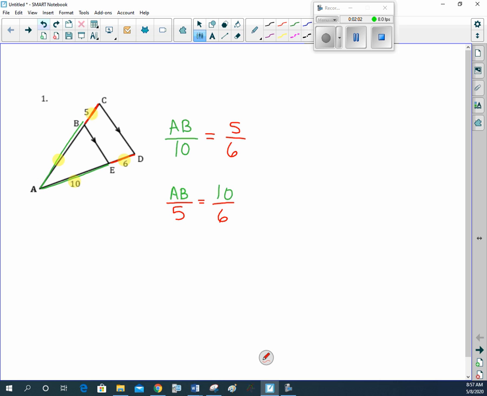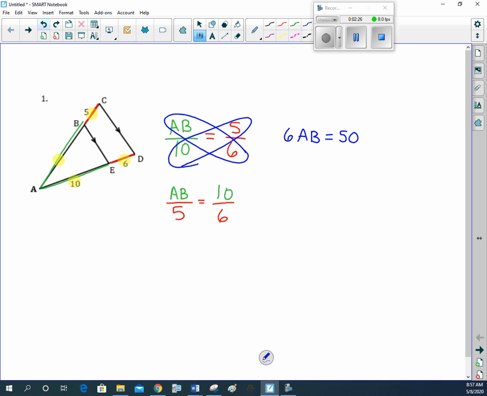Okay, so these two are both equal proportions. They don't look the same. If you look at them in the same fraction top to bottom, they don't look the same, but they are equal proportions because if you do cross multiplication here and you multiply the diagonals, you end up with 6 times AB equals 5 times 10.